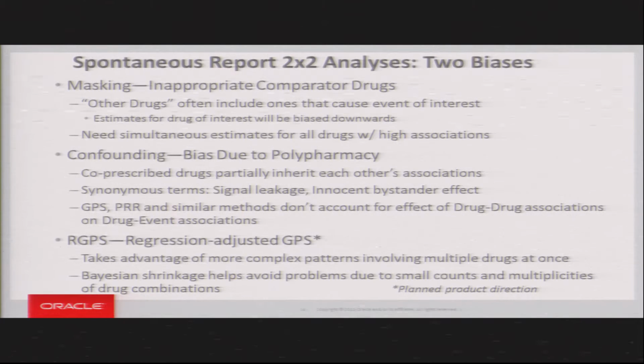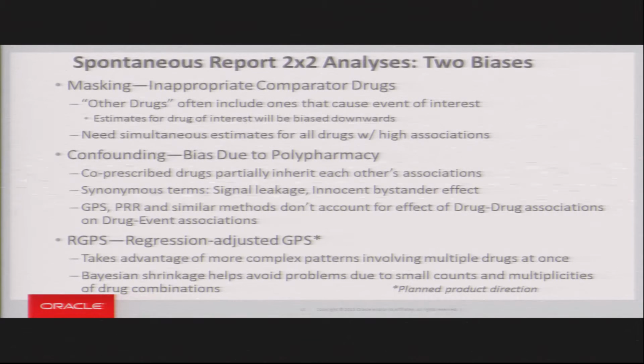If there are some drugs that actually do cause a lot of adverse events in diabetes patients, then even an innocuous drug like insulin might show up, because the same patients that are taking insulin are taking these other more dangerous drugs. So there's an innocent bystander effect where a safe drug is taken by the same patients that take other drugs, and that can result in transference of these methods.